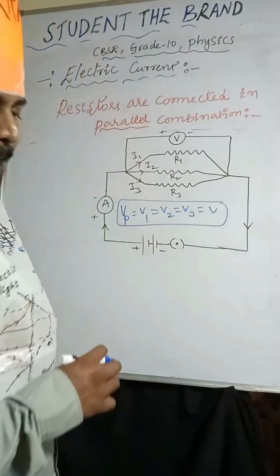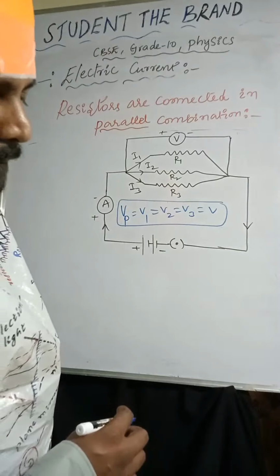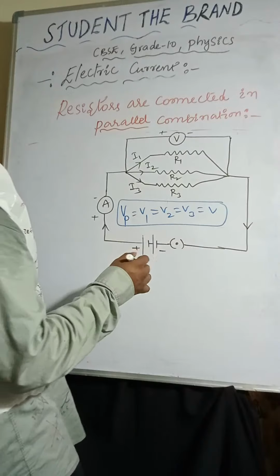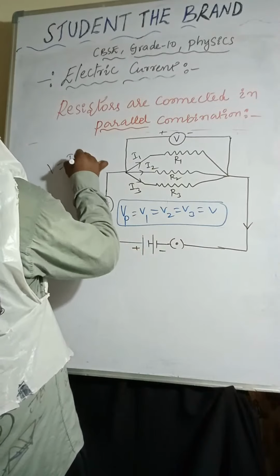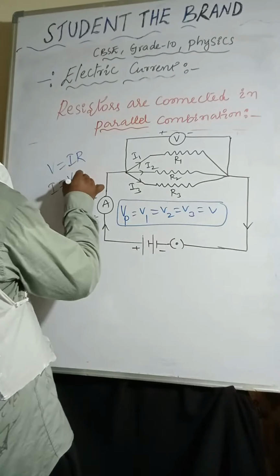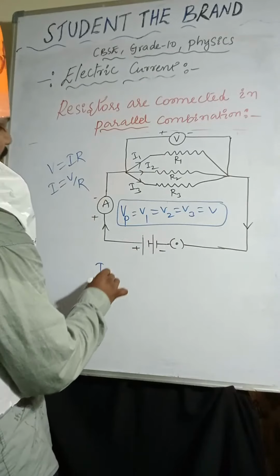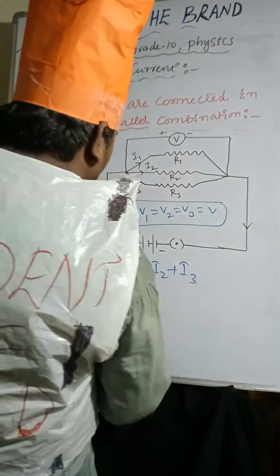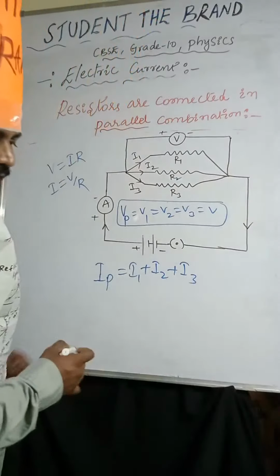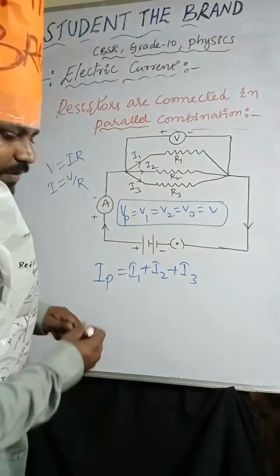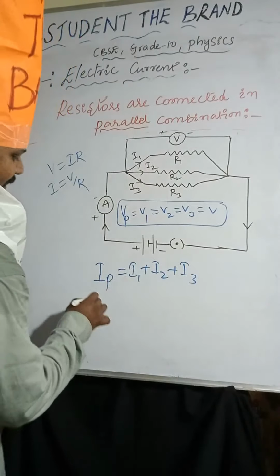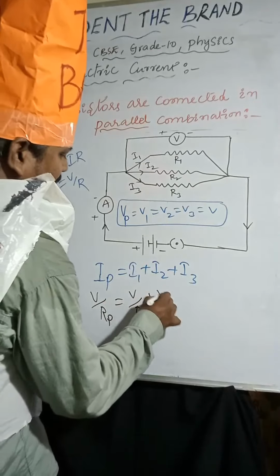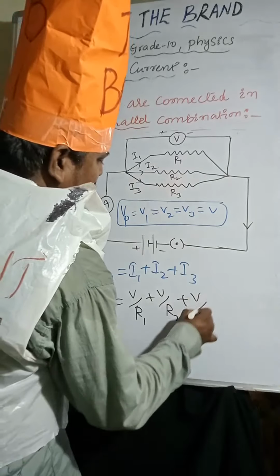Now the current is different, as I said. So V equal to IR, I equal to V by R. So IP equal to I1 plus I2 plus I3. V by RP equal to V by R1 plus V by R2 plus V by R3.